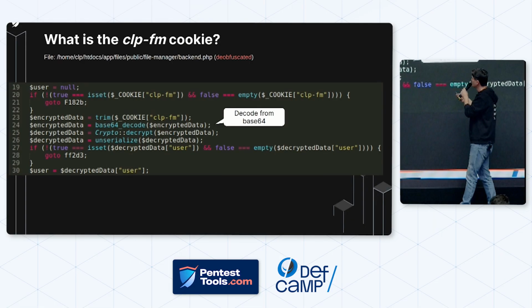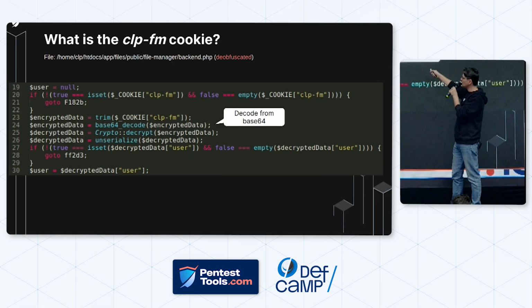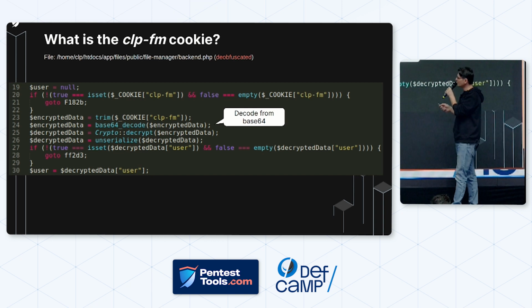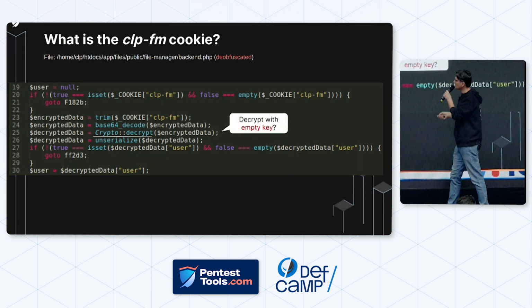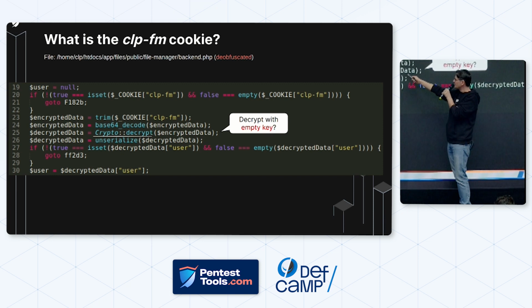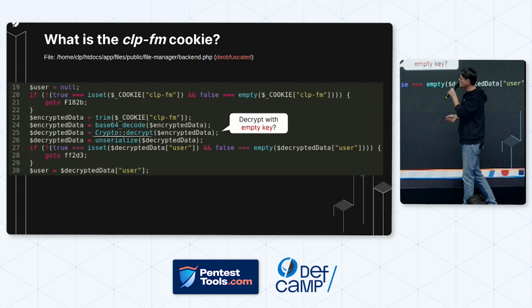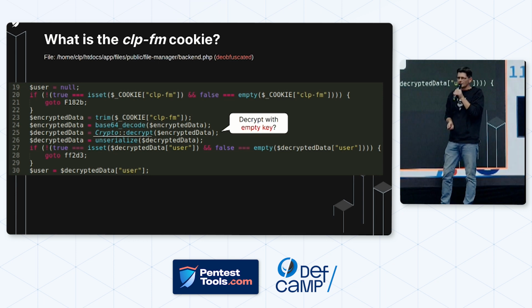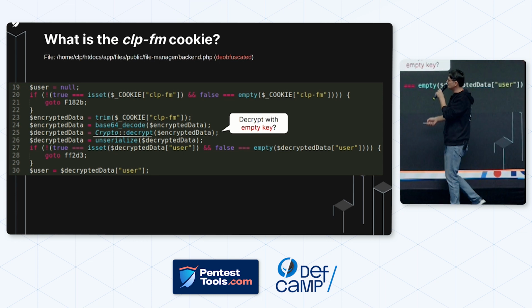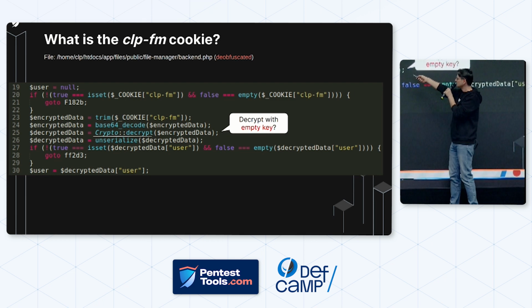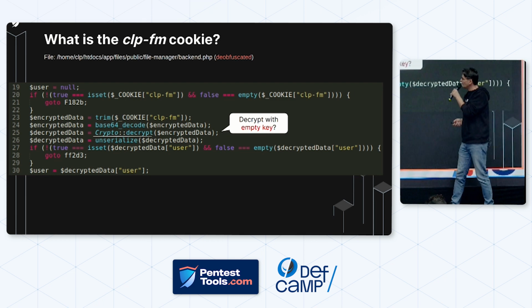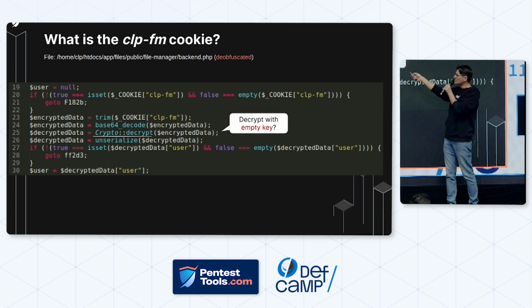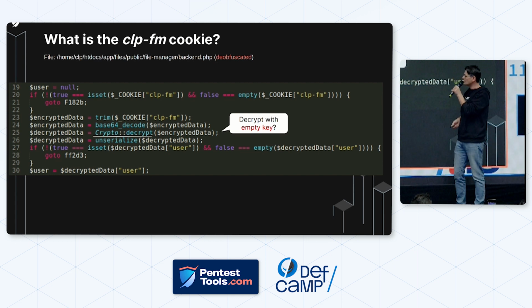Next, we decode the cookie value from base64, and then the application decrypts the data, but the question is, which is the encryption key? So it did a decryption without a key, meaning that it was either a default key used by the encryption library, or it was just an empty key.